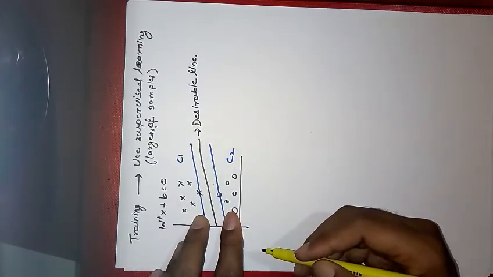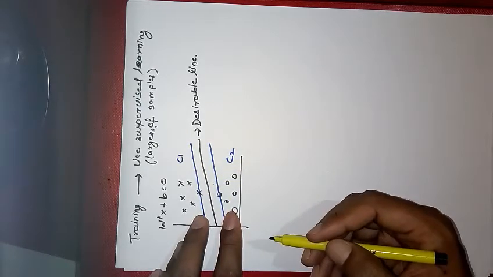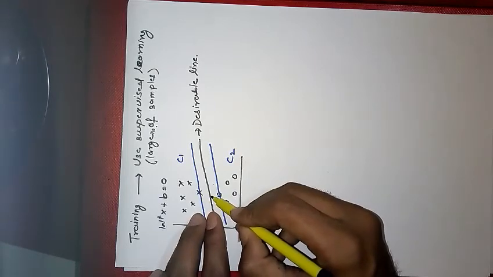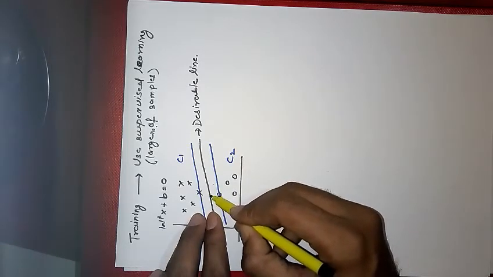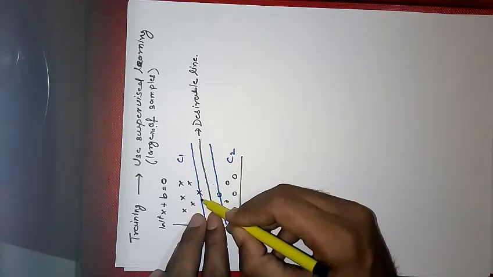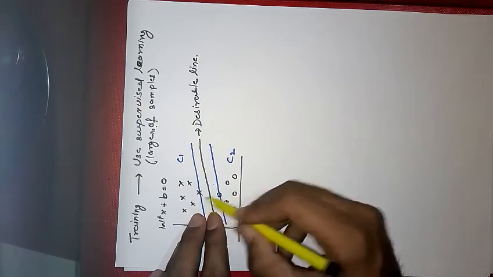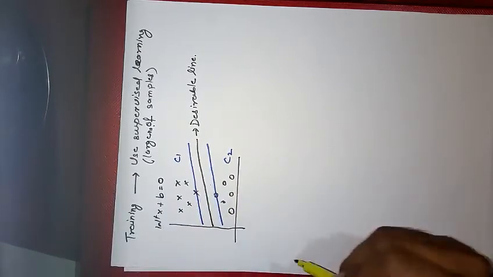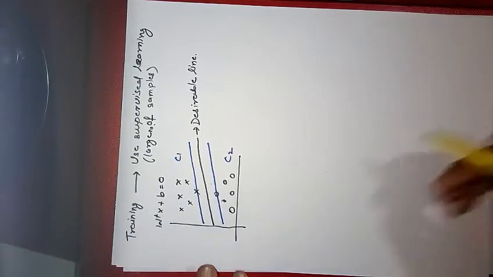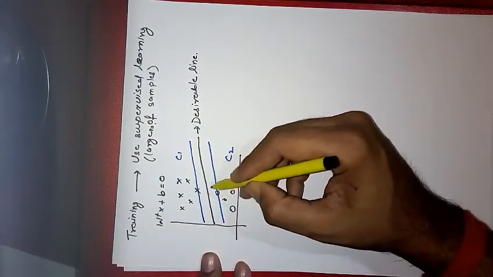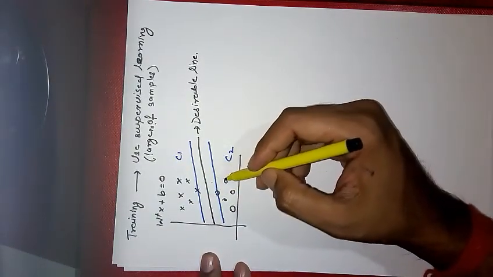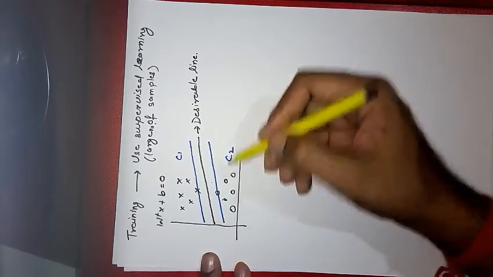So the main motive is to maximize the distance between this and this, so that classes C1 and C2 get best separated. If the distance gets minimized, then the accuracy will be low.